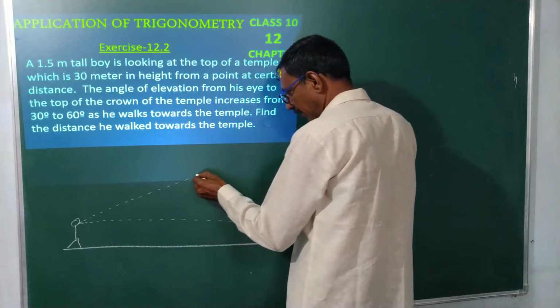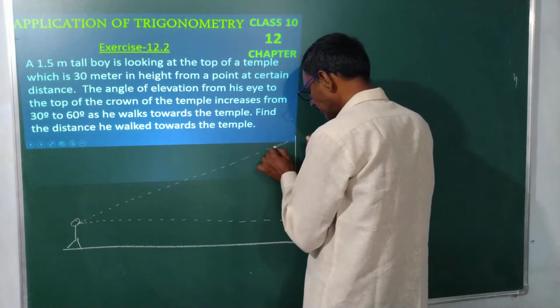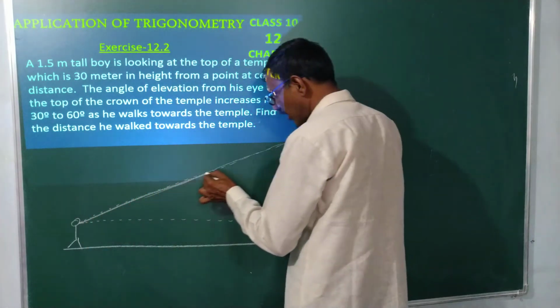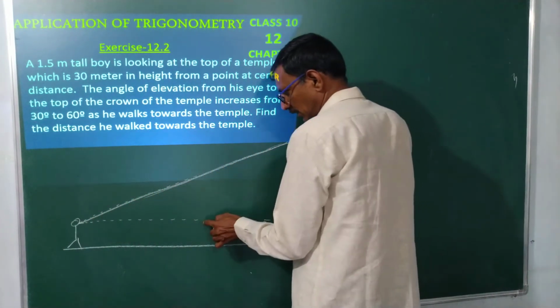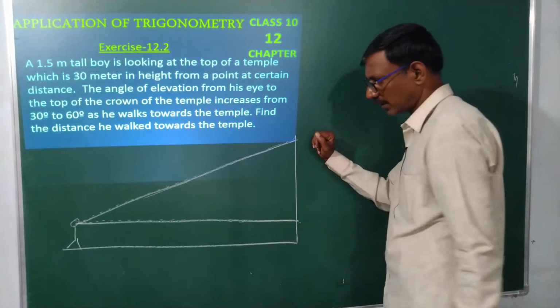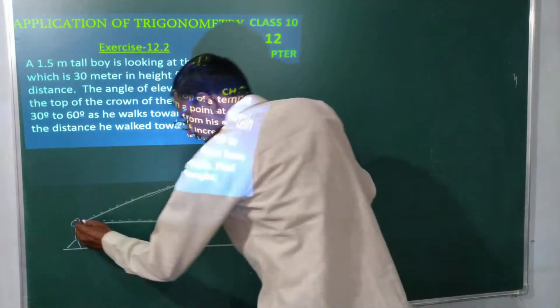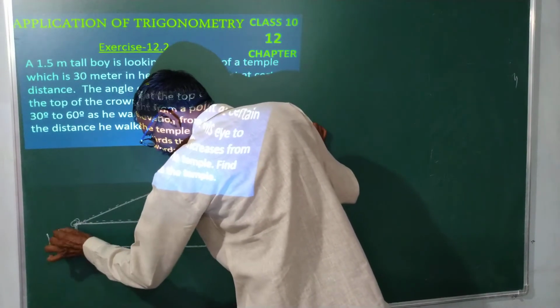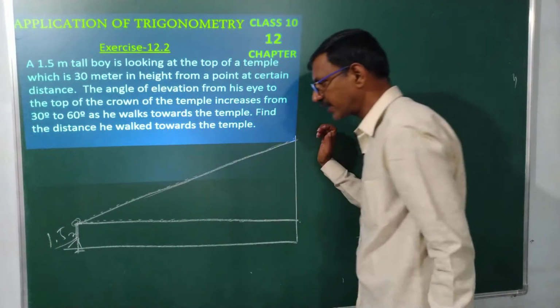This is my angle of elevation above the horizontal line. His height is 1.5 meters.